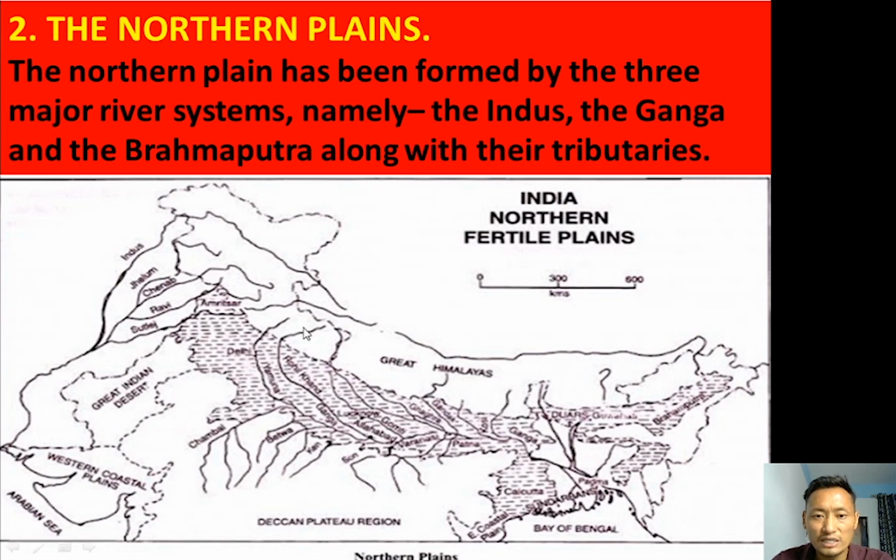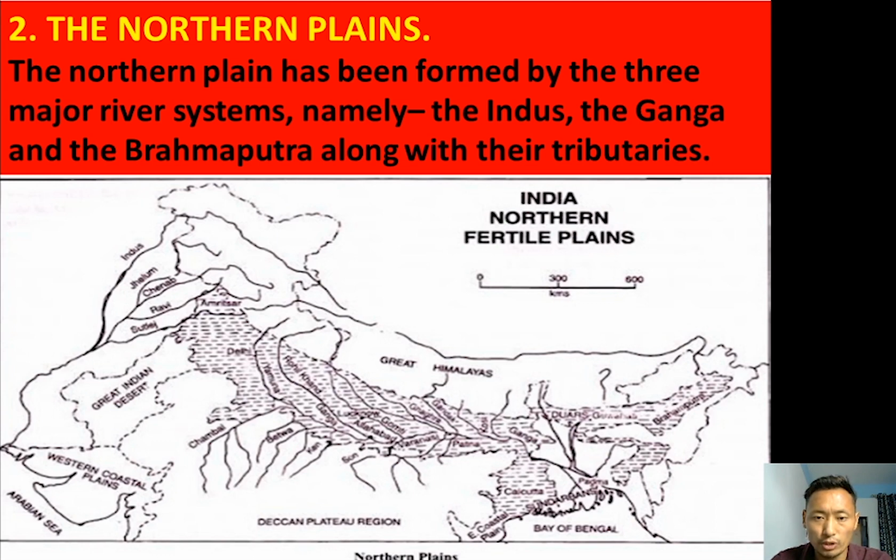These sediments were brought by the three major Himalayan river systems, called the Indus river system, the Ganga river system, and the Brahmaputra river system.